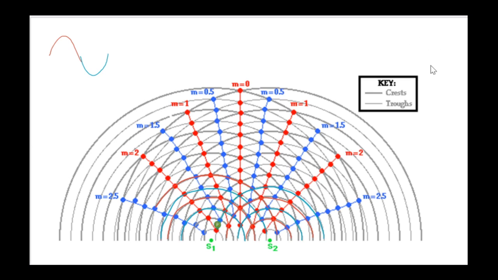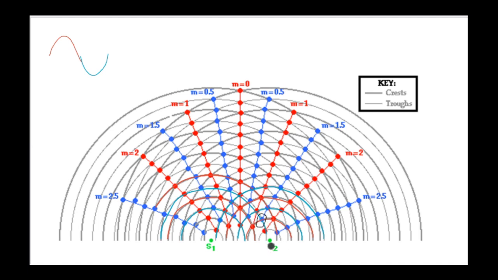Now, if you look at this point, you have a red line, that is the crest coming from your slit S1, interfering with, which part? Let us consider, let me just mark it. If I don't mark it, even I get confused. Let us consider this part.